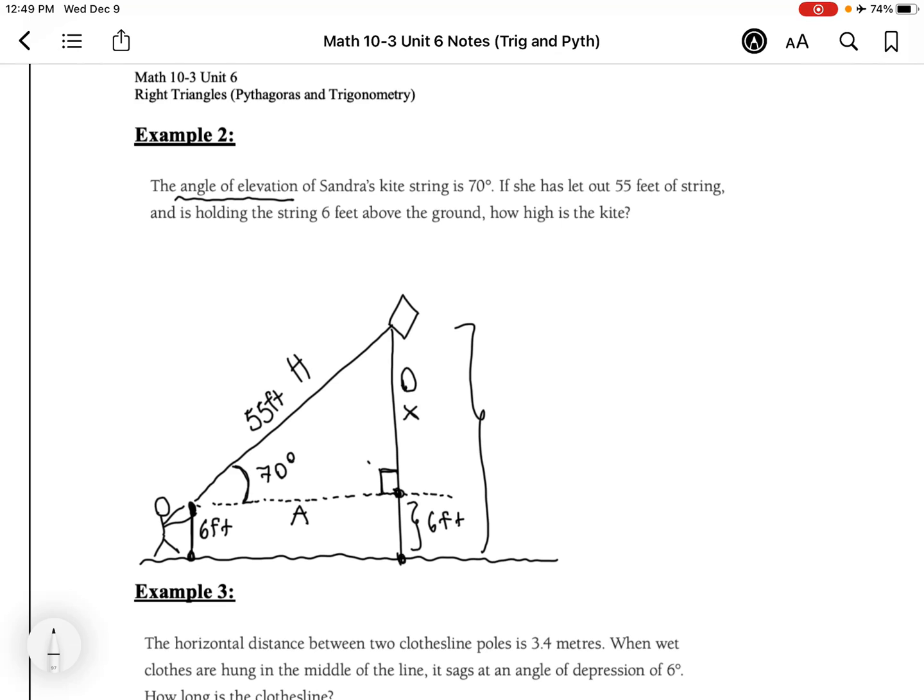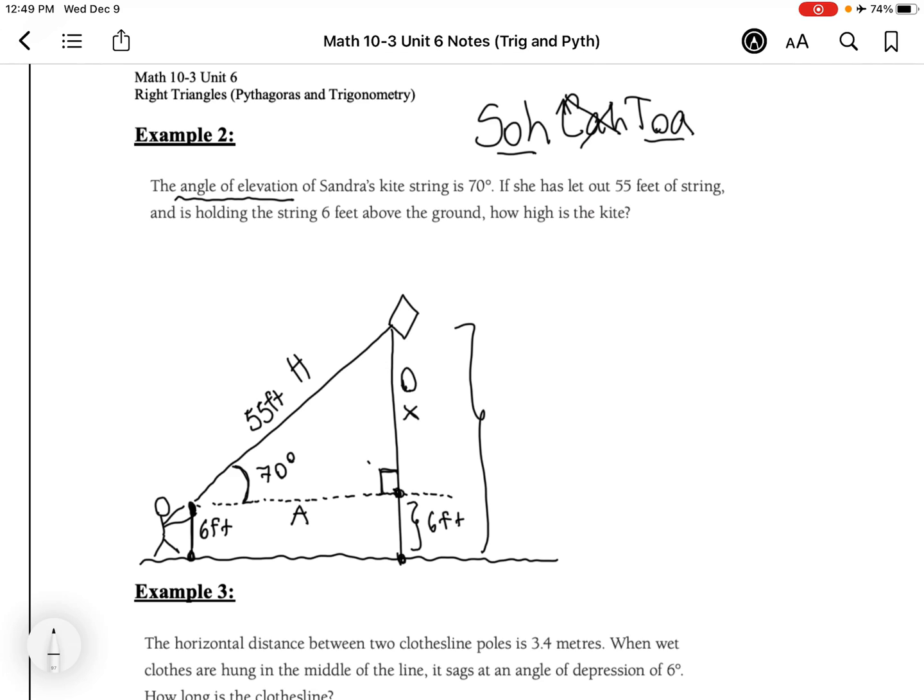Now I've got to pick a trig ratio. So my trig ratios, I'll write them up here. That mnemonic, SOH CAH TOA. Now the side that I'm looking for is my opposite side. So the trig ratios that use opposite are SOH, sine, or TOA, tangent.